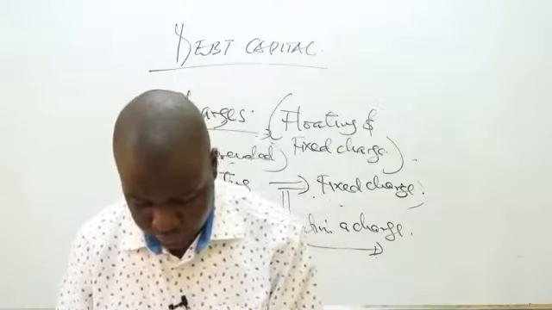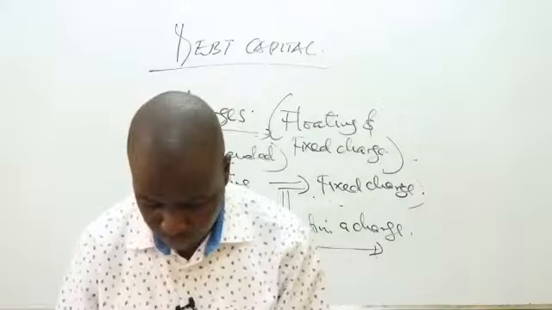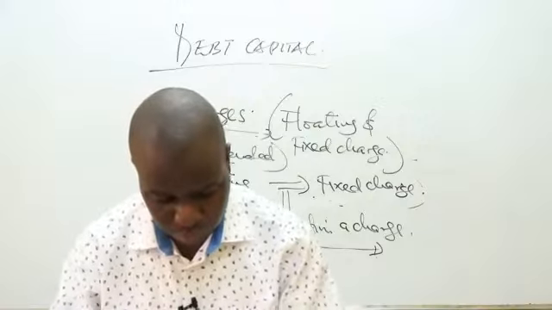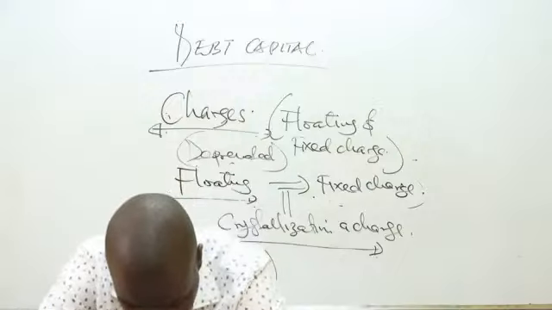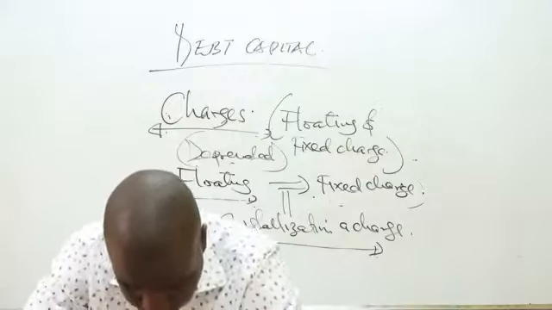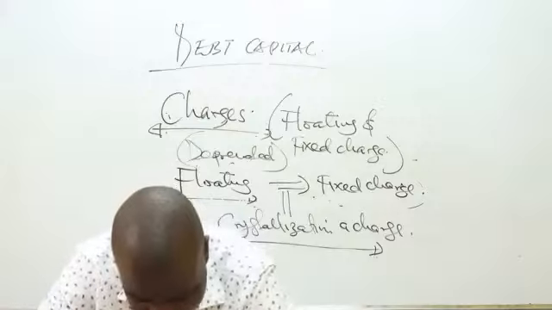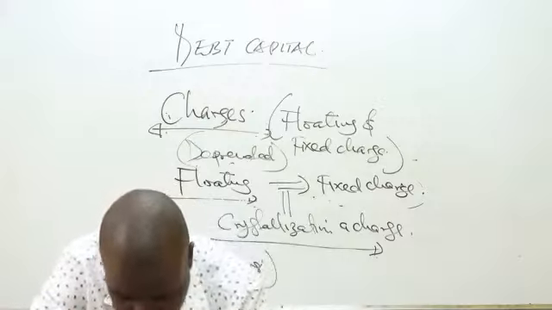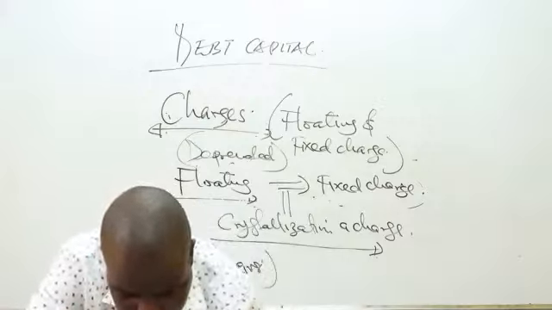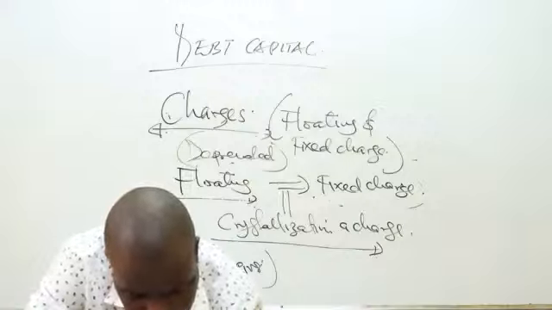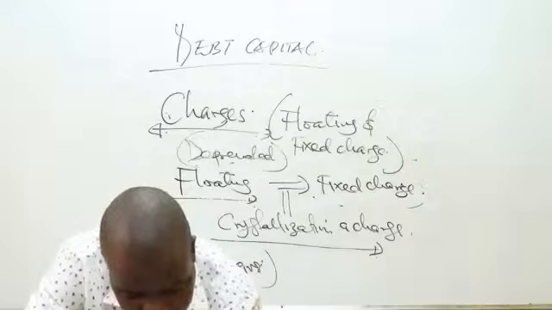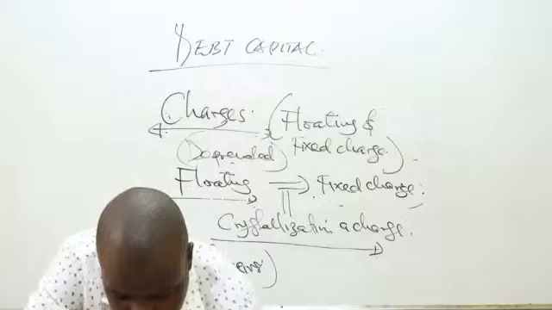Alternatively, you could look at September 2015, question 5A, which is just the same question. It says, discuss 3 events when a floating charge might crystallize. Then May 2017, question 4C, Roman 2, explain 3 instances when a floating charge is deemed to crystallize.